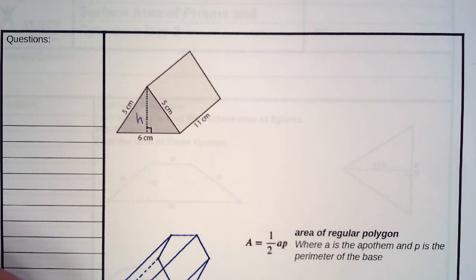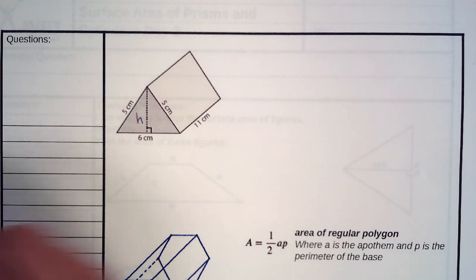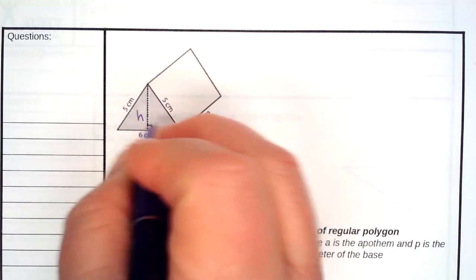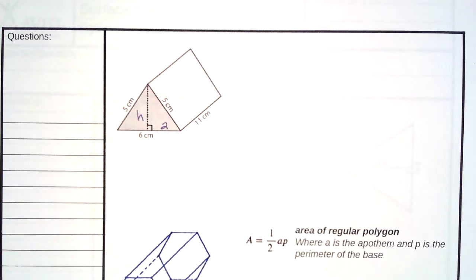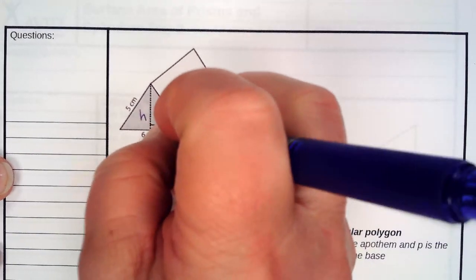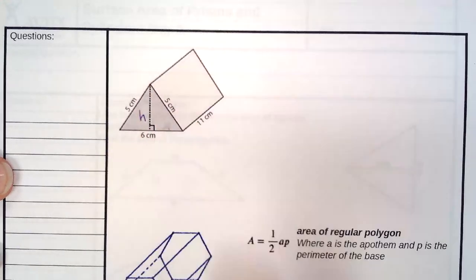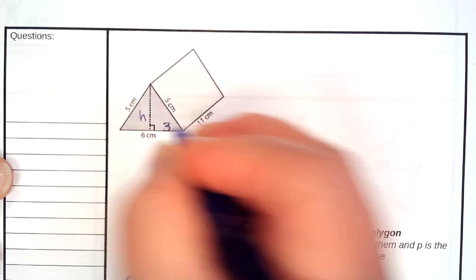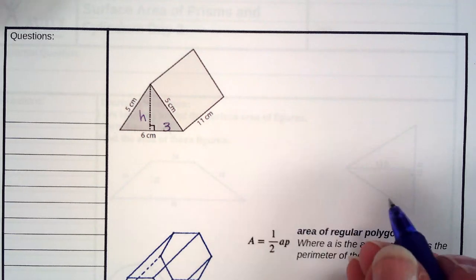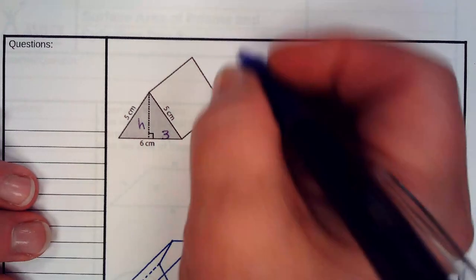How can I find the height of that triangle? Well, the altitude cuts the base into 2 equal pieces. I now have a right triangle. Half of 6 is 3. I now have a right triangle, and I can find the height of my bigger triangle.